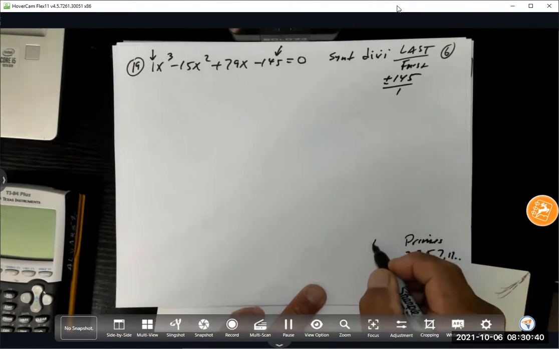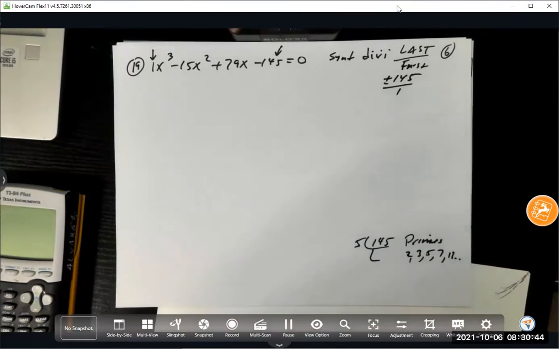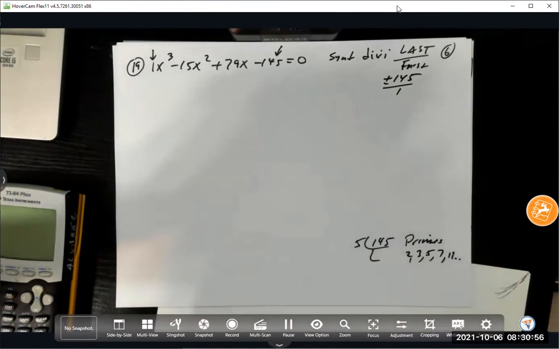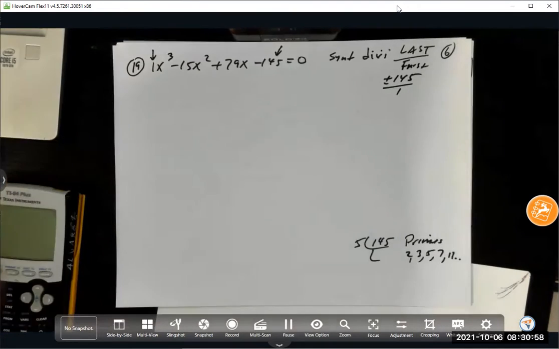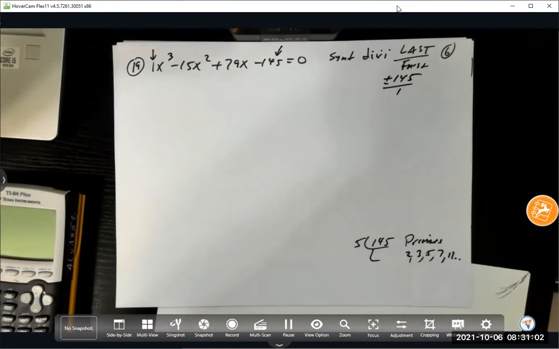Try this number. Does 5 divide 145? Do it in the calculator. It's 145 divided by 5. You tell me. How many times?